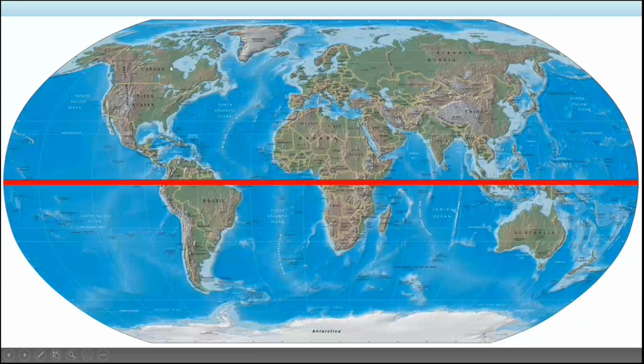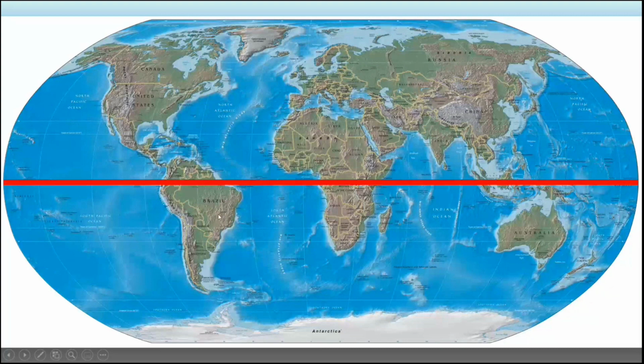So above the equator, this is the northern hemisphere. We can see that the United States, India, China, Russia, Greenland, all those are on the northern hemisphere of the earth.